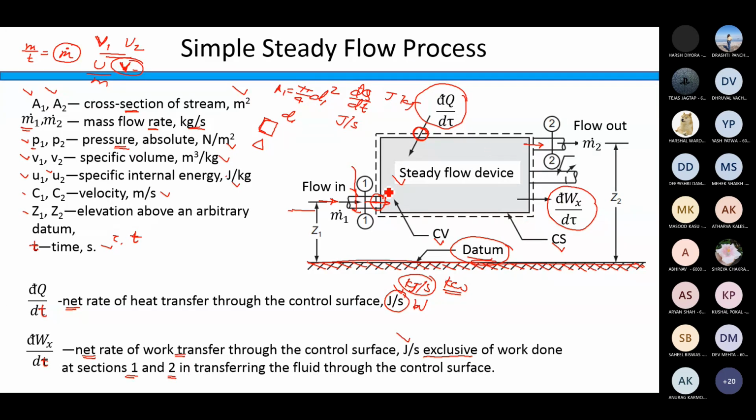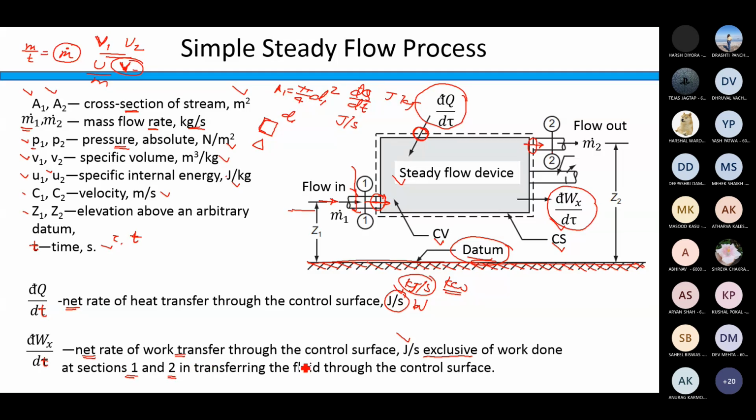This is your control volume. Maybe gas, if I assume, is forced out here, and here you are forcing in the fluid within your control volume. So these two works are not included in this.